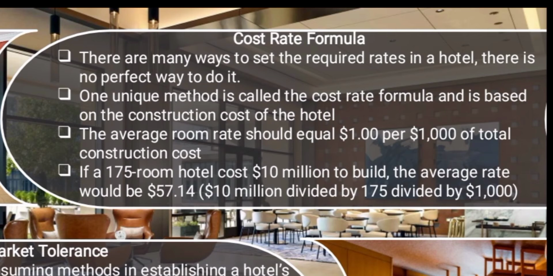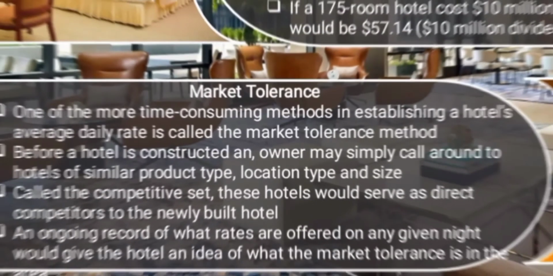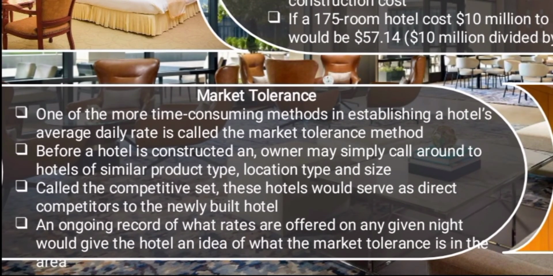The answer is 57,142.85. Then 57,142.85 is divided by $1,000, and the total is $57.14.